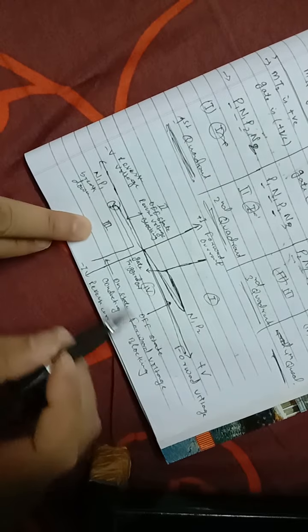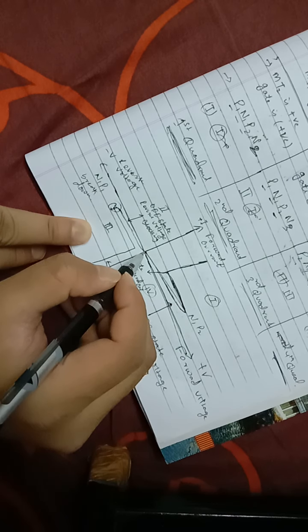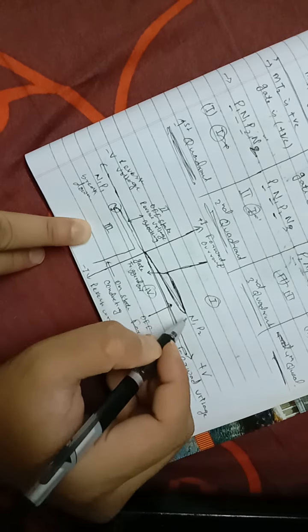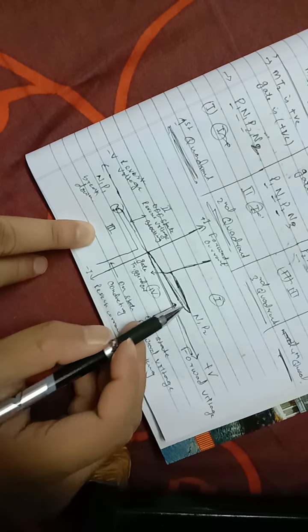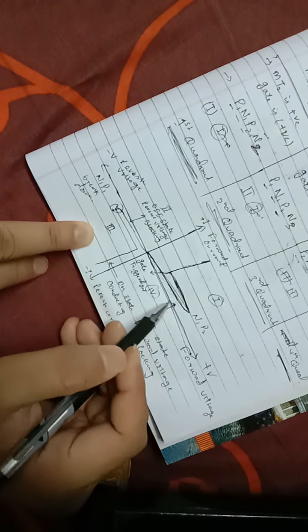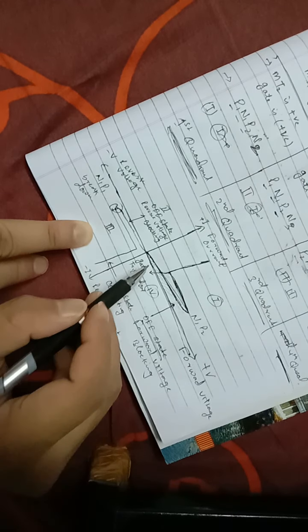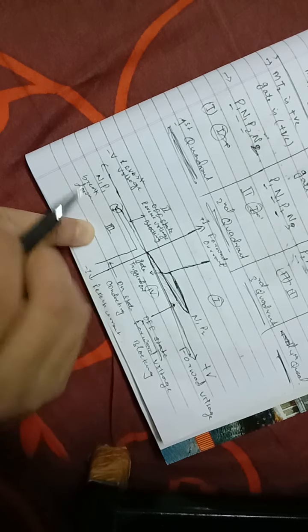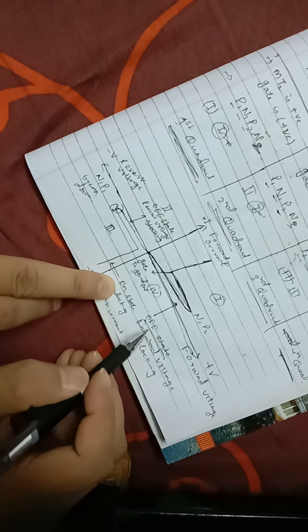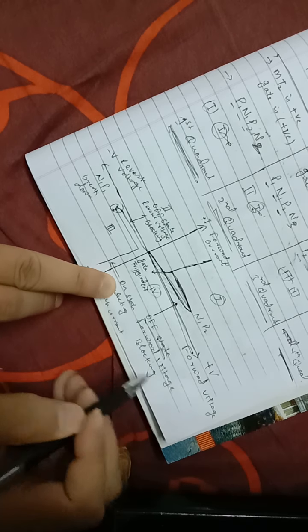Okay, we know the characteristics of TRIAC will be like this. So this shaded portion is off state. Here the TRIAC is off. It's not on. Off state, forward voltage blocking.